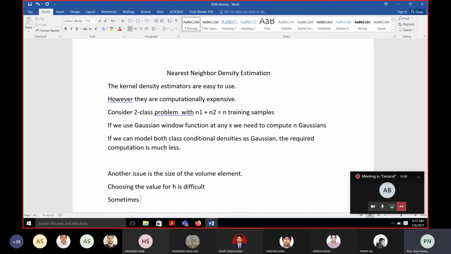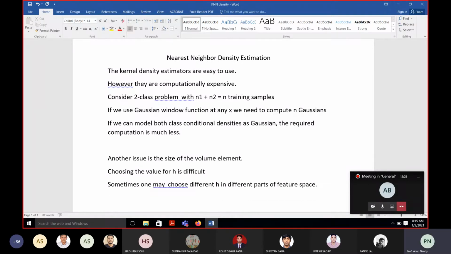Sometimes one may choose different h in different parts of the feature space.